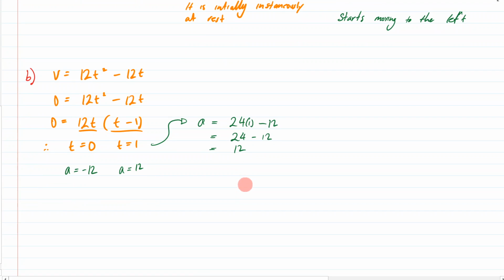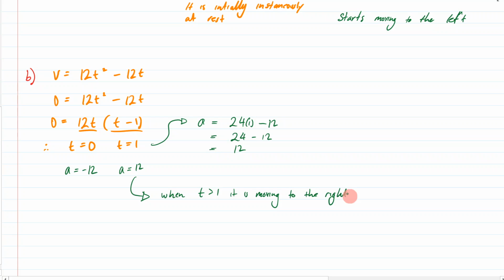So what this is telling me is that when t is greater than 1, it is moving to the right.